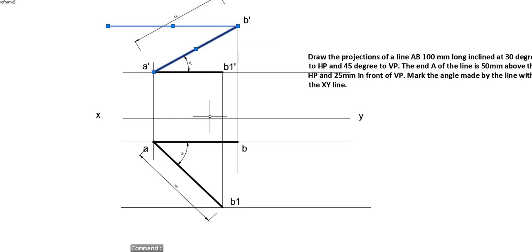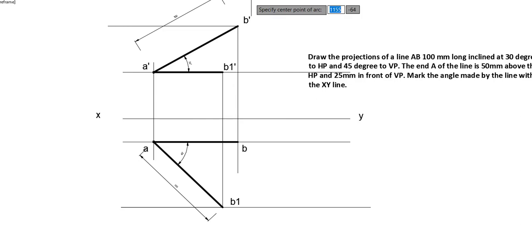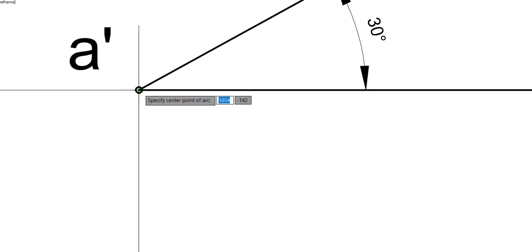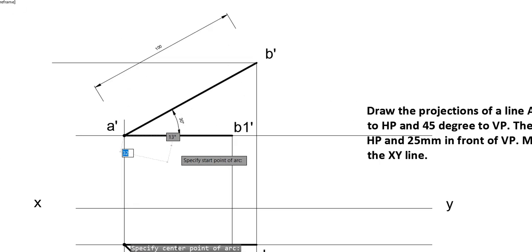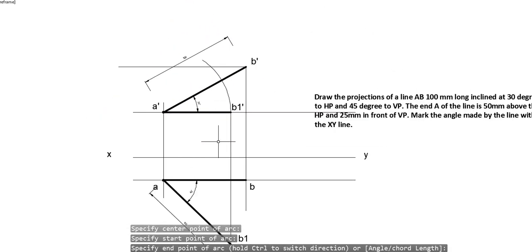So how do I do it? All I have to do is draw an arc. Okay, let me show you this. From here, keep a compass here, take this length and draw an arc.